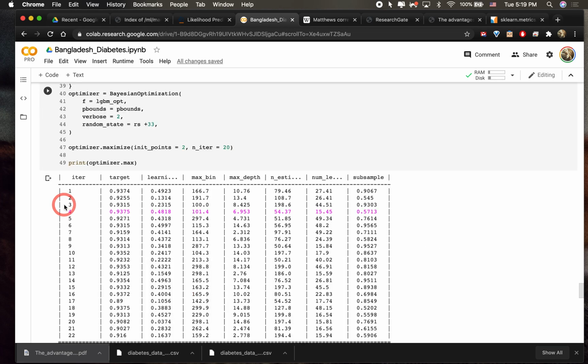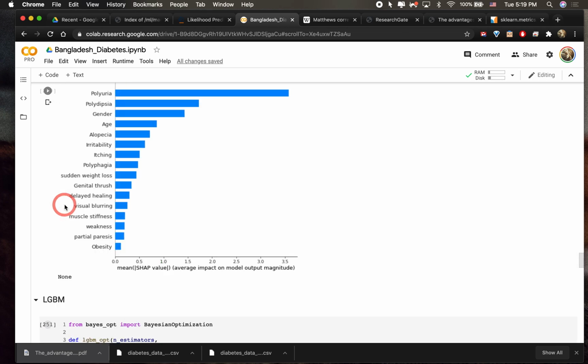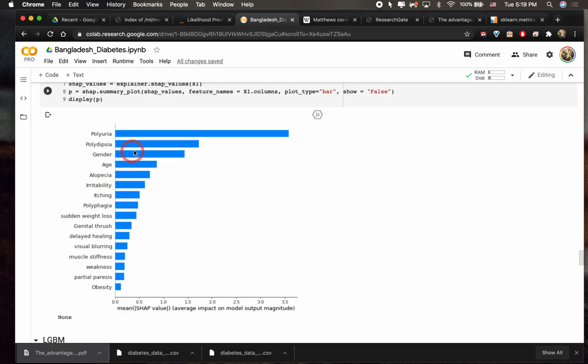If I go back up to my other one here, I see gender sort of agrees, in the first three-ish. Polyphagia is still up here, but it's not quite as high. So you can see that in these particular models, LGBM and CatBoost, they consider the features a little bit differently.